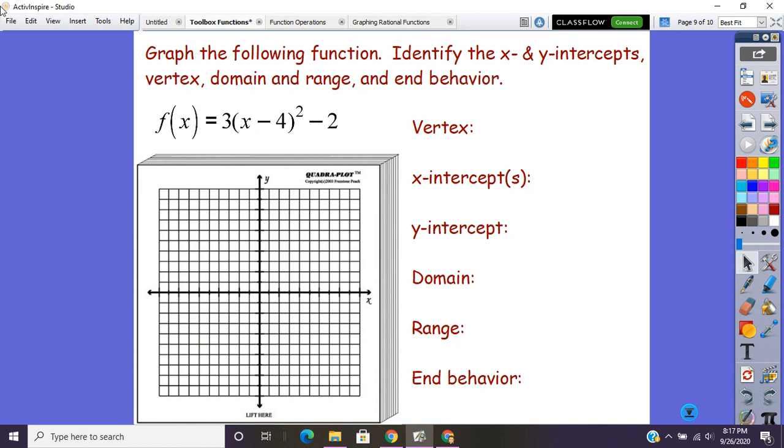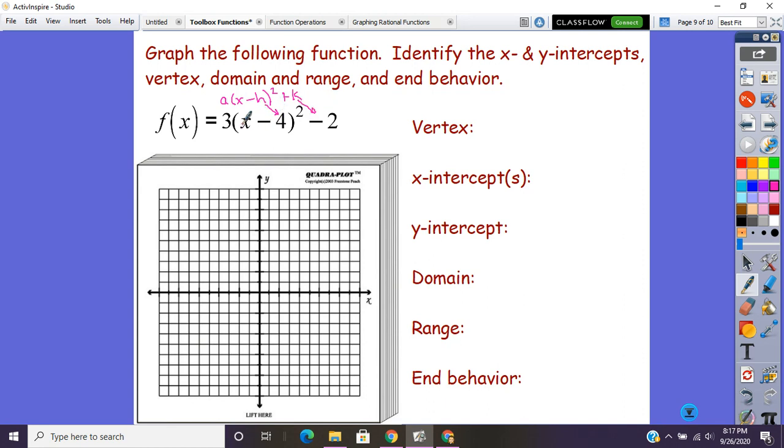I'll start with the vertex because to me that's the easiest one to see. If you recall with our formula, we had in this location, let's see if I can just rewrite it above here, we had a times x minus h squared plus k. So we have an x and a minus, so here's our h, and then our k is this right here.